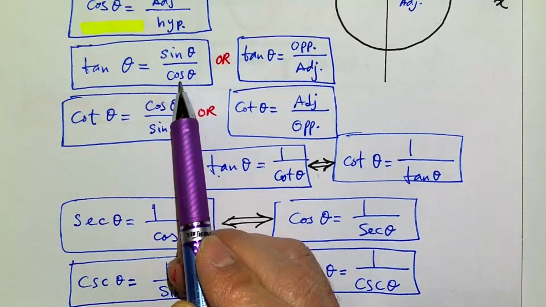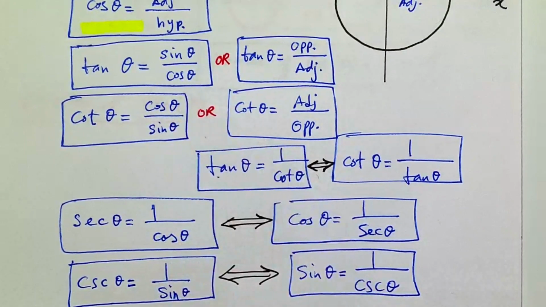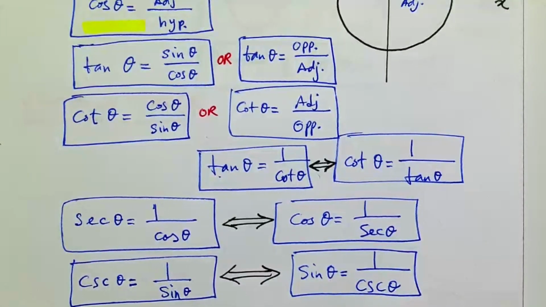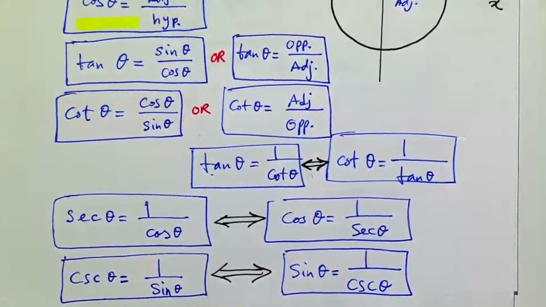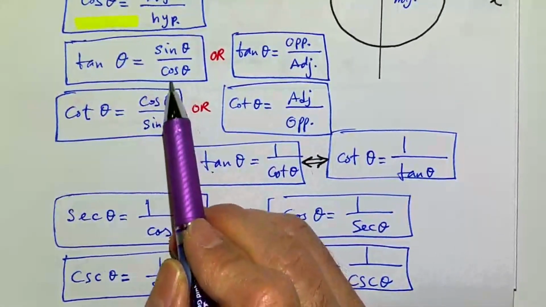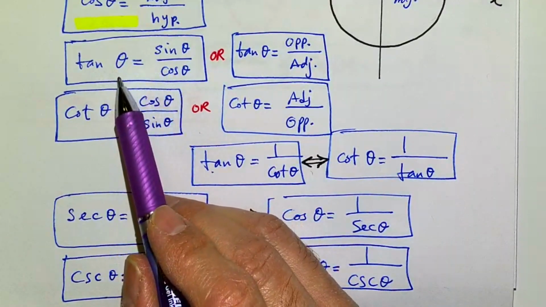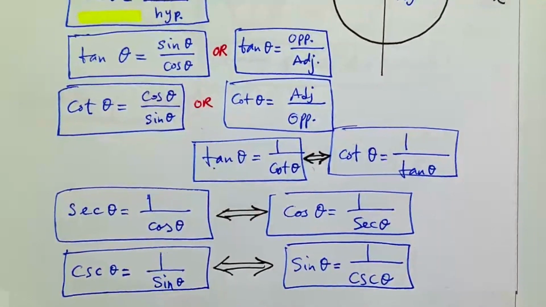Because those points where cosine of theta is equal to 0 will be your vertical asymptotes, right? We talked about vertical and horizontal asymptotes a lot in Math 126. So wherever we have cosine of theta equals 0, the tangent function has a vertical asymptote, meaning its graph cannot pass through that point.